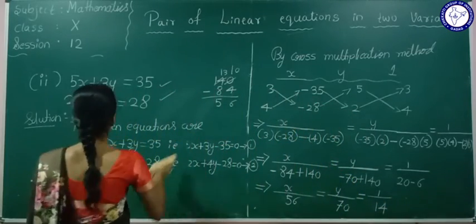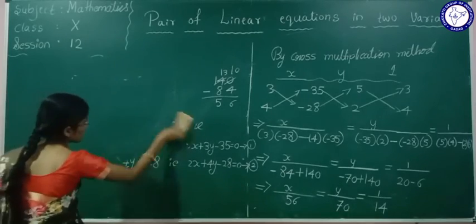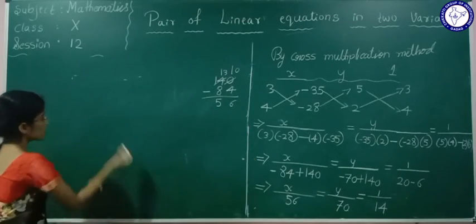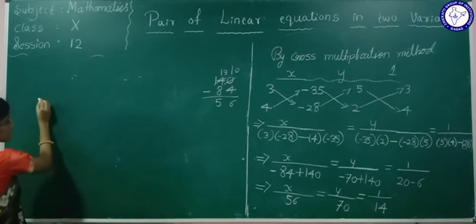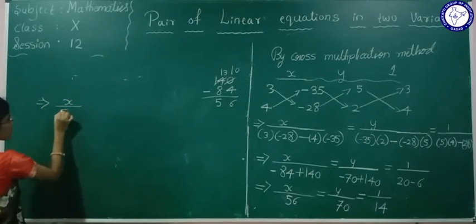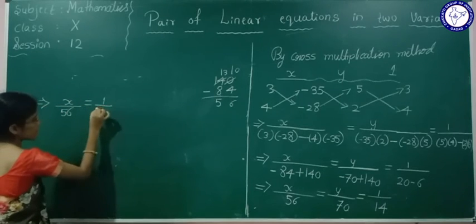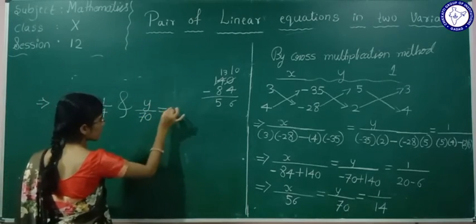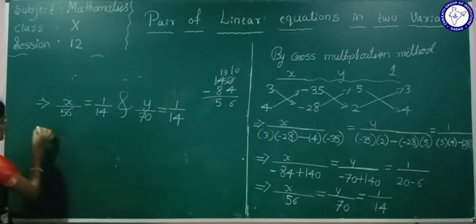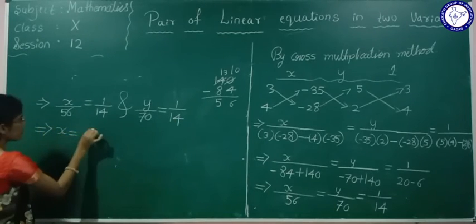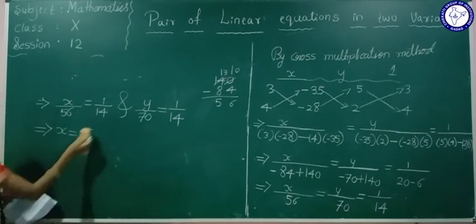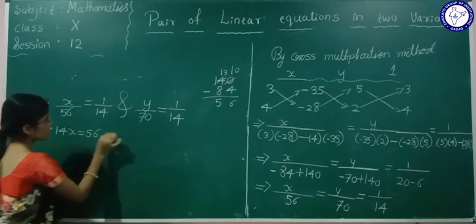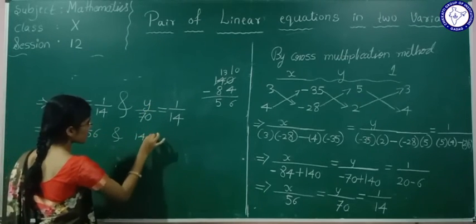Okay. Now we have to find out the value of x and y. We have to find out the solution of x and y. So this implies, equate x by 56 is equal to 1 by 14 and y by 70 you equate with 1 by 14. So this implies, cross multiply, 14x is equal to 56 and 14 multiplied by y is equal to 70.